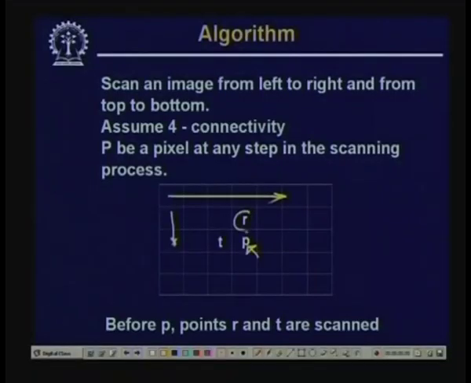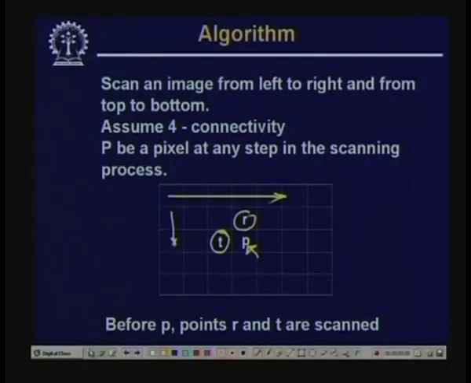Those points are R and T. R is above P and T is to the left of P, and these are the only 4-neighbors of P which will be scanned before the point P is scanned.